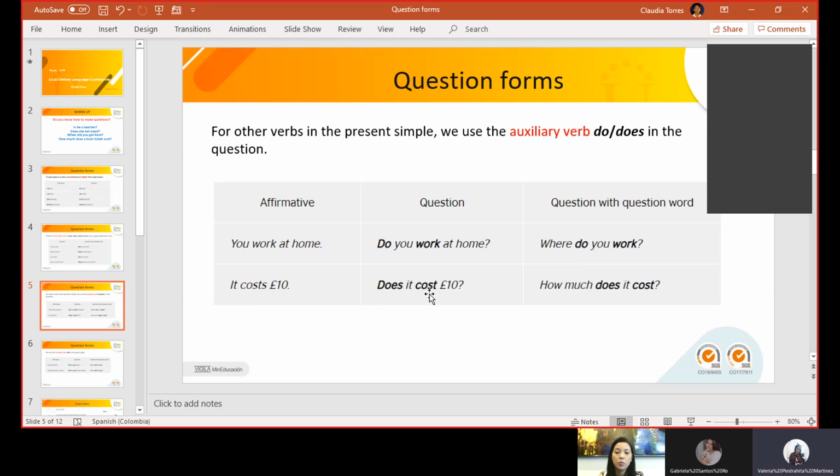Okay, so this is very important to keep in mind. And then again, when you add a question word, it changes, right? The meaning. So how much does it cost? So here you're looking for information about the price. Okay, how much?